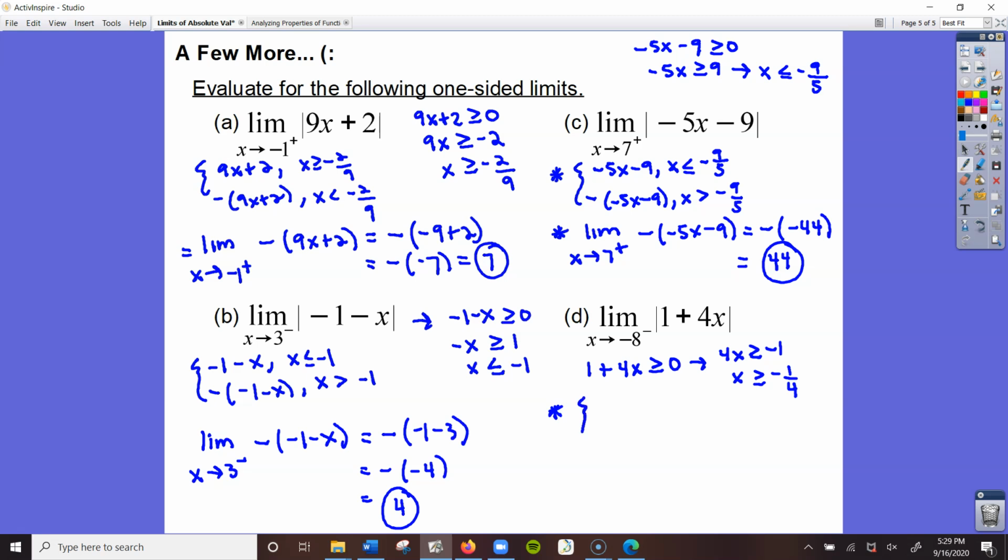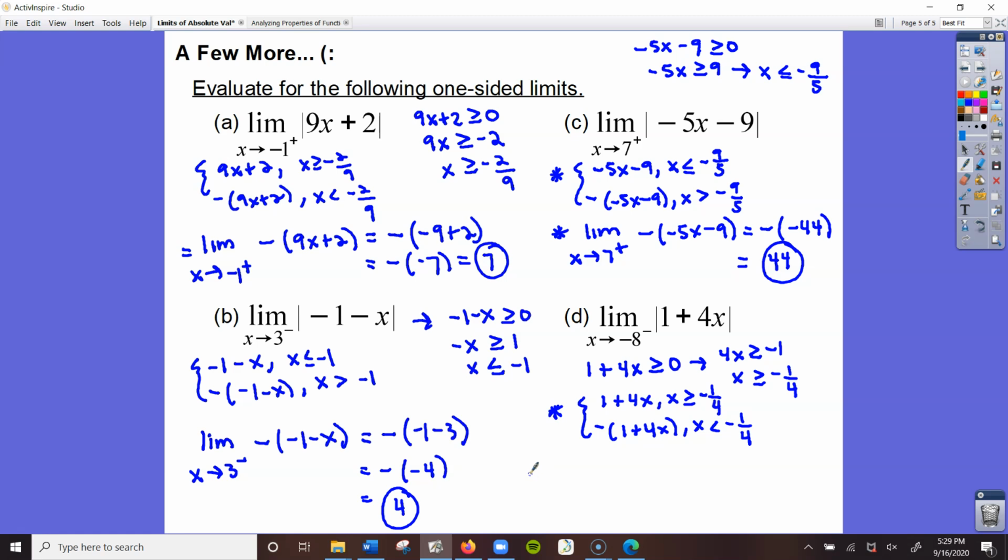Therefore, my piecewise function is going to be 1 plus 4x for when x is greater than or equal to negative 1 over 4, and negative 1 plus 4x for when x is less than negative 1 over 4.